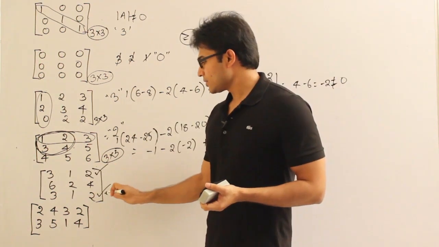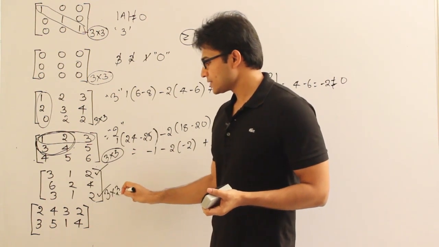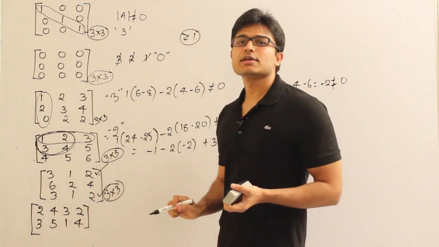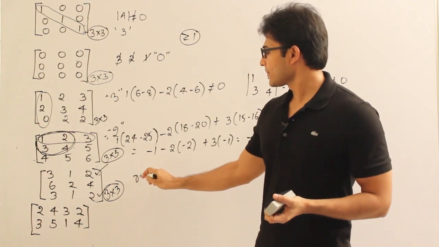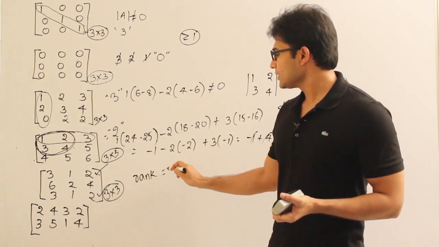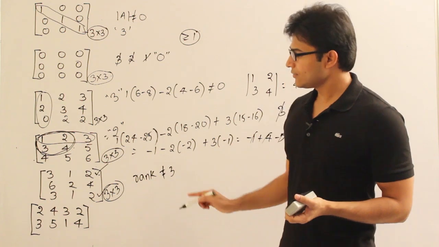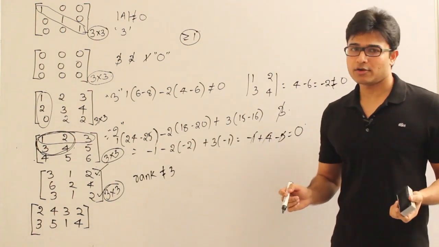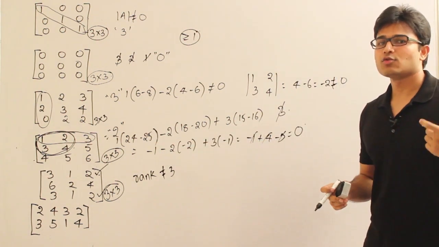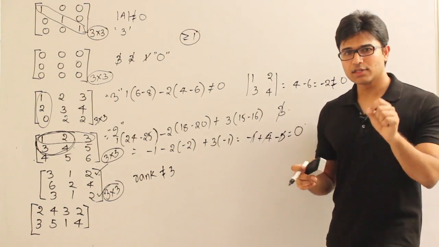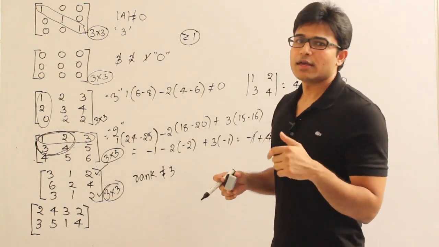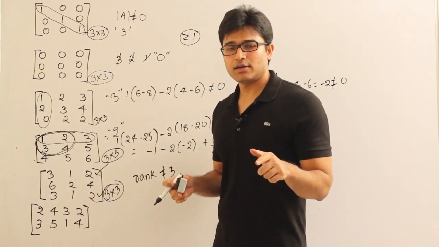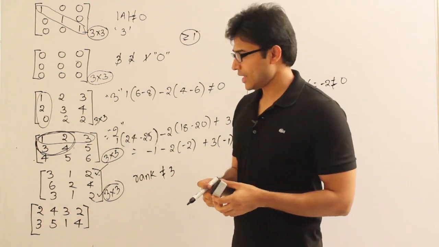Therefore, since the determinant of this 3 by 3 matrix is 0, we can say that the rank cannot be 3. Now let's see if the rank can be 2. How can we find out? Just take every 2 by 2 submatrix and see if any one of them has a non-zero determinant. If we can find it, we can say that the rank is 2.